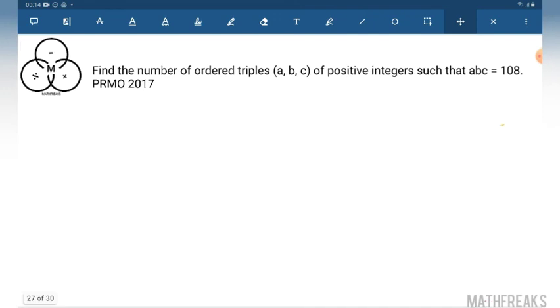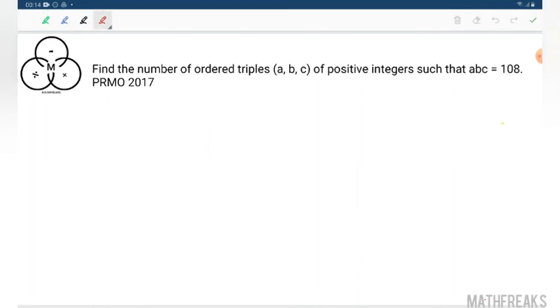Last question that we'll solve. Find the number of ordered triples of positive integers. They didn't give negative integers, so this is very easy for us. ABC equals 108.